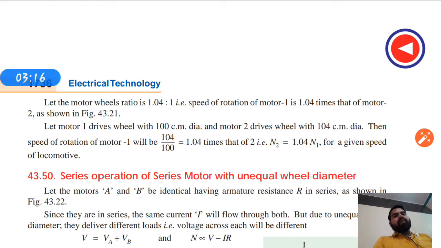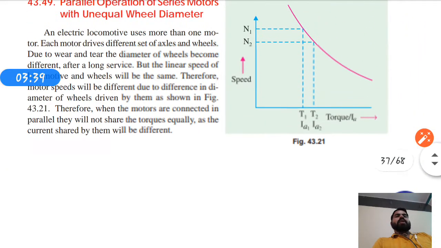Then the speed of rotation of motor 1 will be 104 upon 100, which is 1.04 times that of motor 2. That is, N2 equals 1.04 N1 for a given speed of the locomotive.